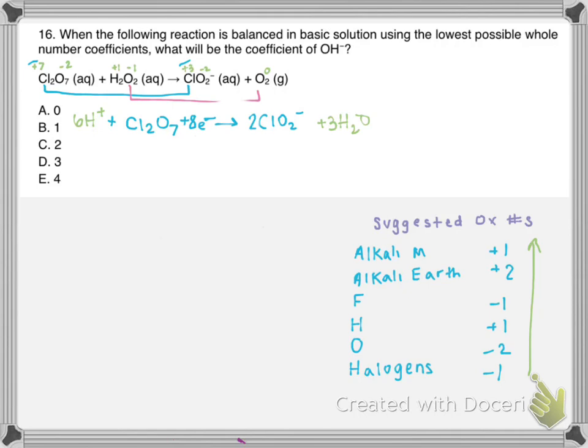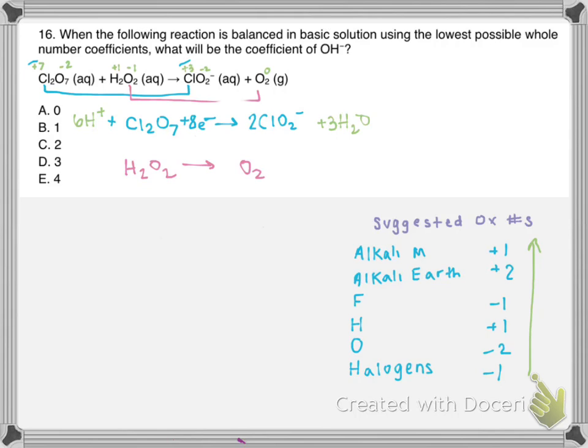Okay, so we've balanced our first half reaction. Now let's go ahead and do the oxidation half reaction. So we have hydrogen peroxide reacting to form O2.